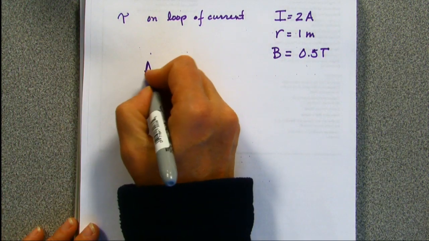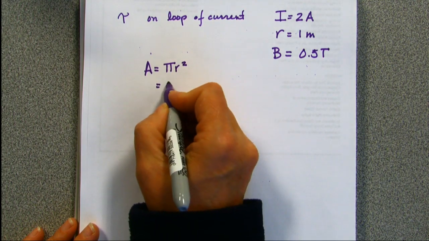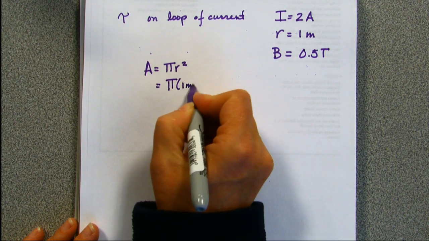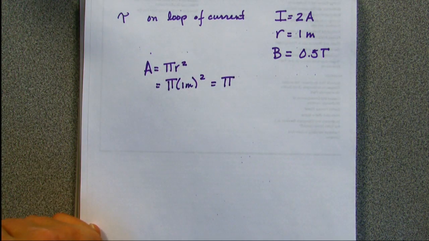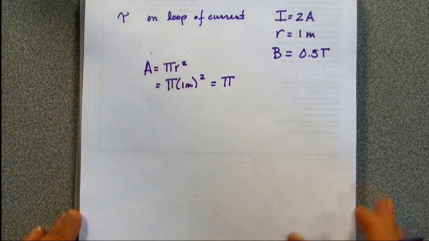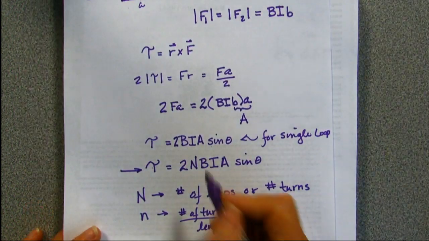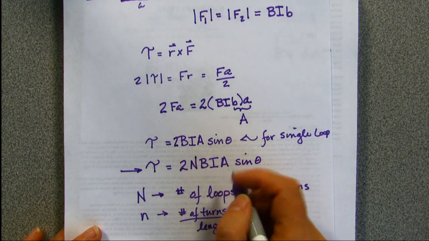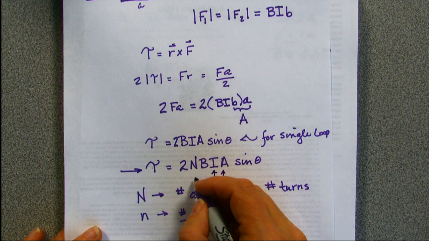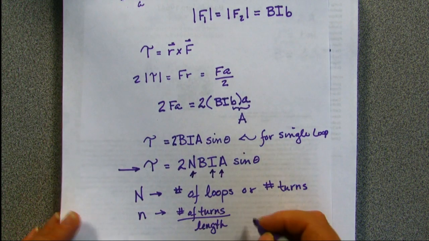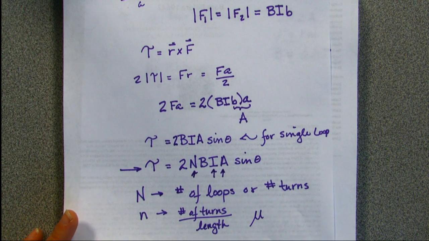I have to calculate area, which is pi r squared. So that's going to be pi times 1 meter squared, which is just going to be pi. And if we look at this torque, I can rearrange this, take out the I and the A and the N, and define what we call a magnetic moment.